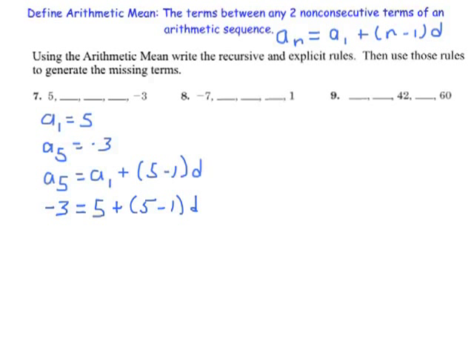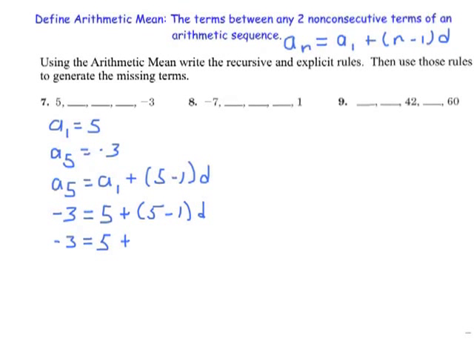Now I have a linear equation. Look first of all at the right side of the equal sign. Can we simplify that? Well, order of operations tells us we need to do what first? If you said parentheses, you are right. So I'm going to just bring down this -3, and that's going to give me 5 plus 4 times d.